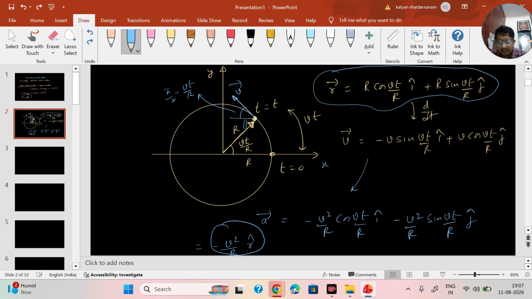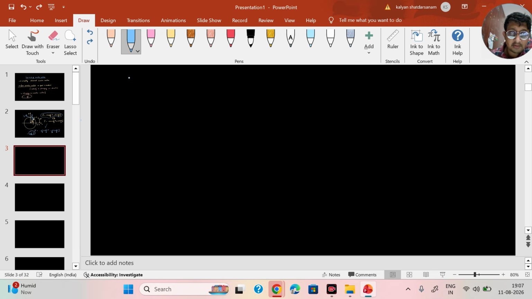So this is another way of deriving the uniform circular motion acceleration. The main point I want to tell you is acceleration in uniform circular motion is v square by r directed towards center. This was the thing which we derived long back.